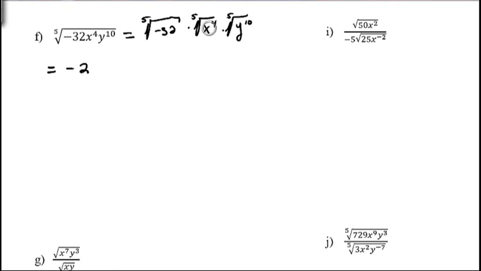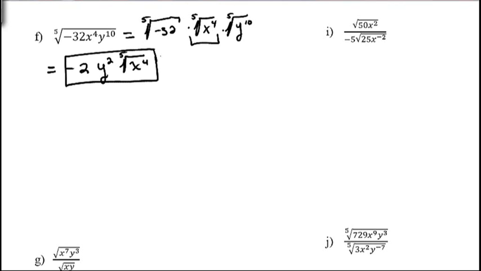And then there's only 4 x's underneath here. You need 5 to get even 1 out, so all 4 of these are going to have to stay underneath the fifth root. And if you divide this 10 by our root 5, you get 2. So that would be y squared. And then don't forget that you still have that x to the fourth underneath your fifth root that you couldn't simplify.